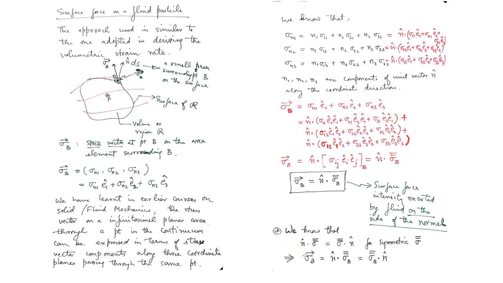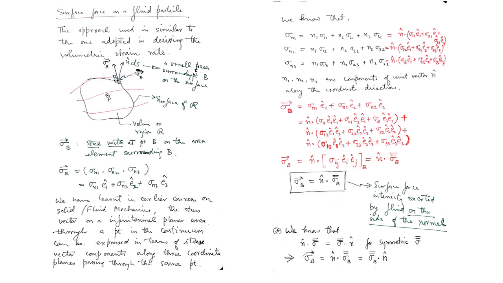So anyway, here what we are saying is that in general the surface forces acting on this small surface area element exerted by the surrounding fluid on the side of the normal are represented by the stress vector, and the stress vector in general will have three components.